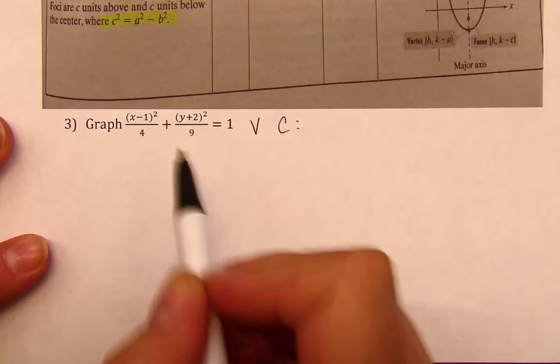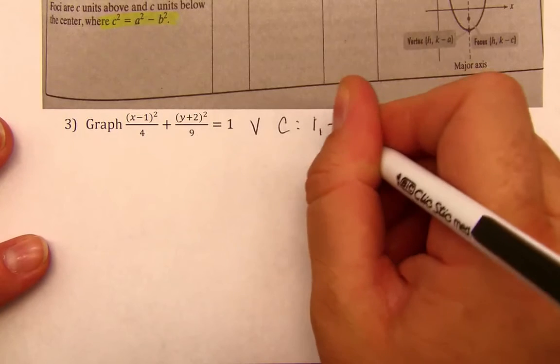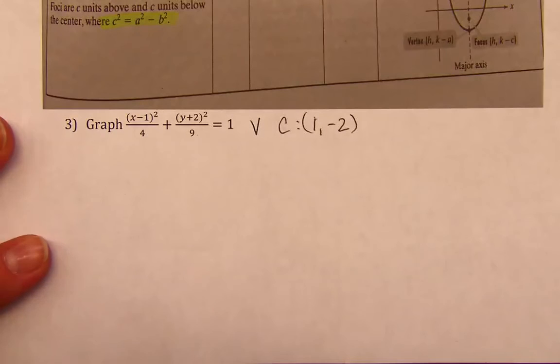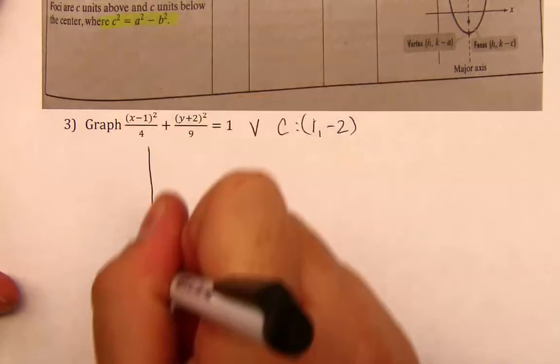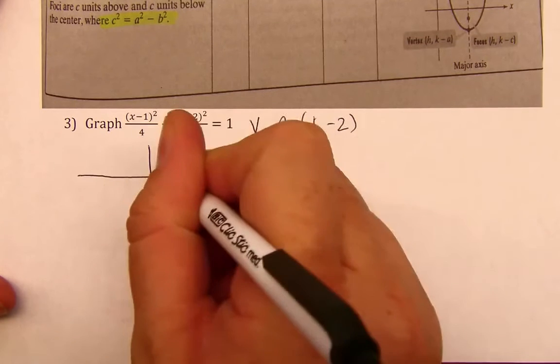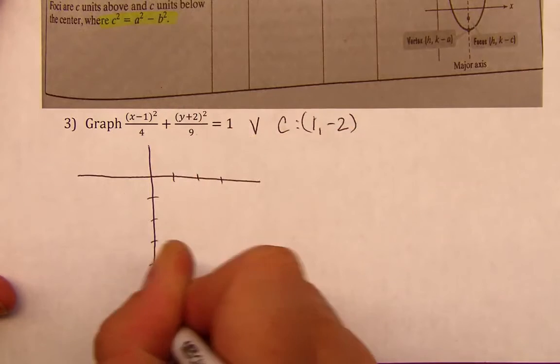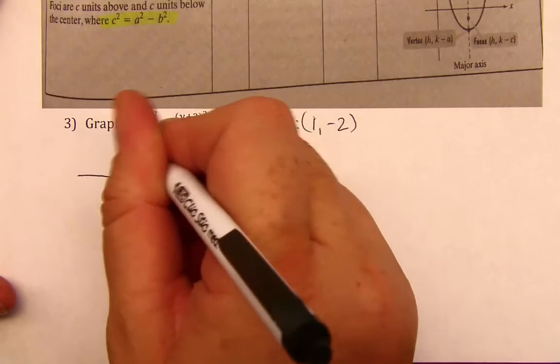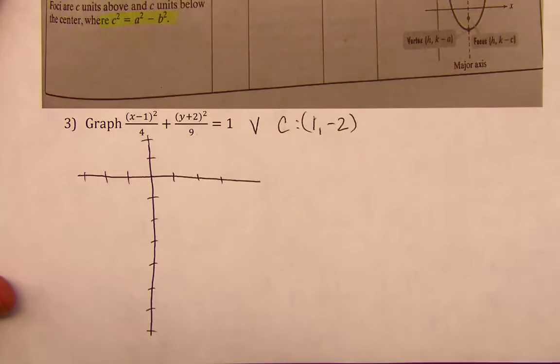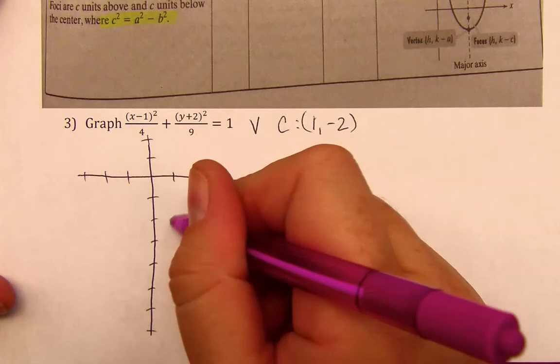This is (h, k), so that would be (1, -2). So let's go ahead and start by graphing that. Our center is at (1, -2).